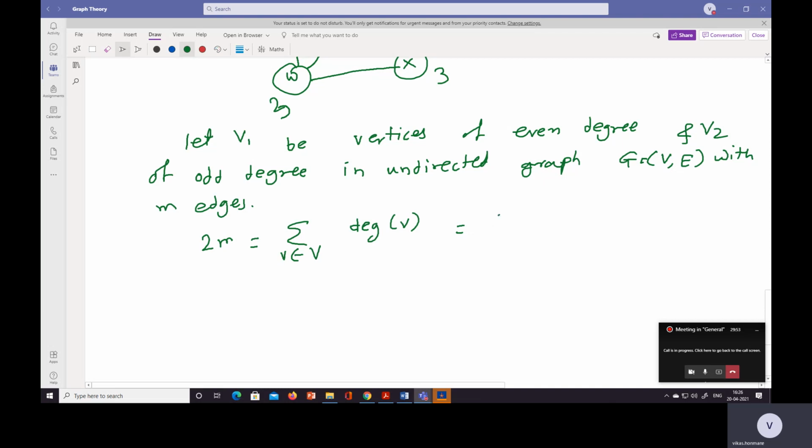We can divide this into the sum over v belonging to V1 of the degree of v, plus the sum over v belonging to V2 of the degree of v.